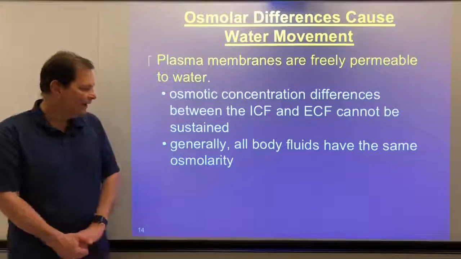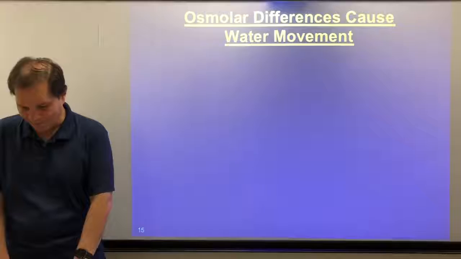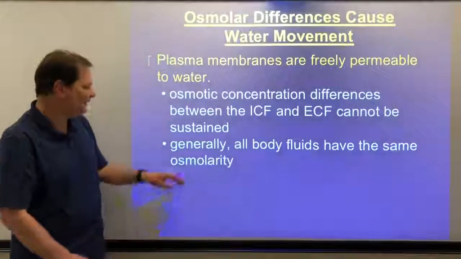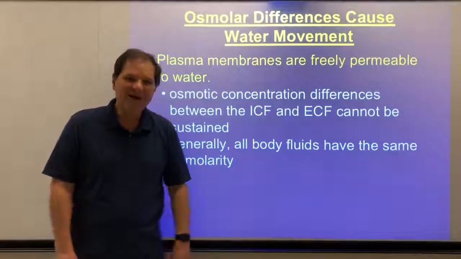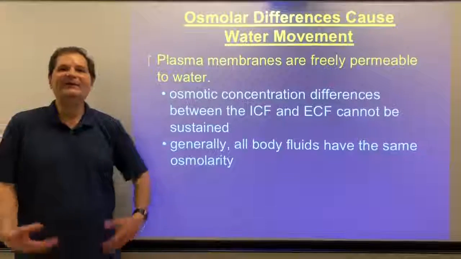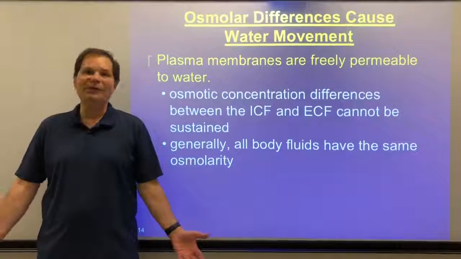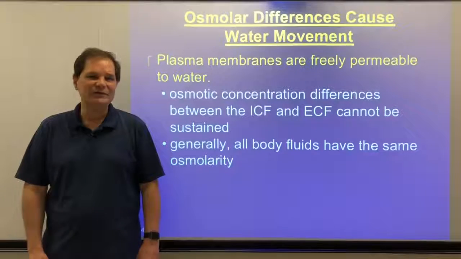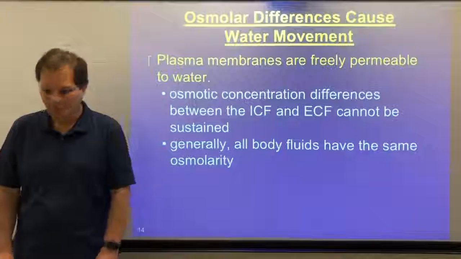What that means is that if all body fluids, everything inside the skin, have the same osmolarity, then all you have to do is measure the plasma osmolarity, and you'll know what the osmolarity is everywhere else. Inside the cells, interstitial fluid, everywhere, because there can't be water gradients.